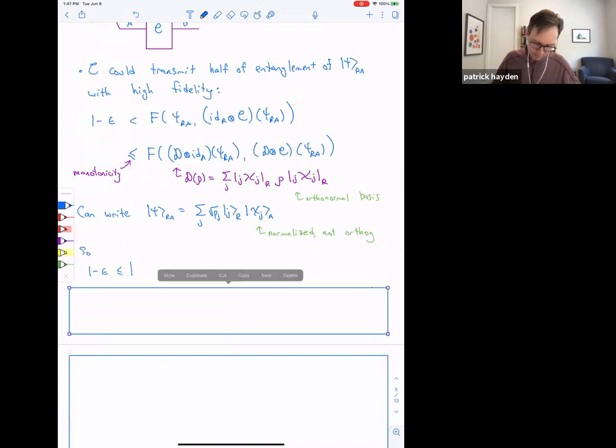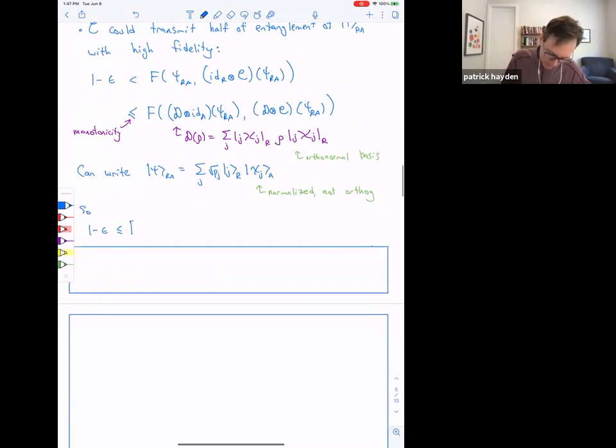And now let's just apply the monotonicity property. So this monotonicity statement here, if I apply the dephasing channel to this quantum state, it's going to take this superposition and turn it into a probabilistic mixture over J's with probability weights p_J.